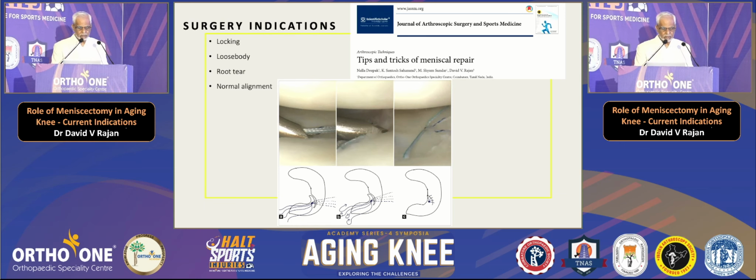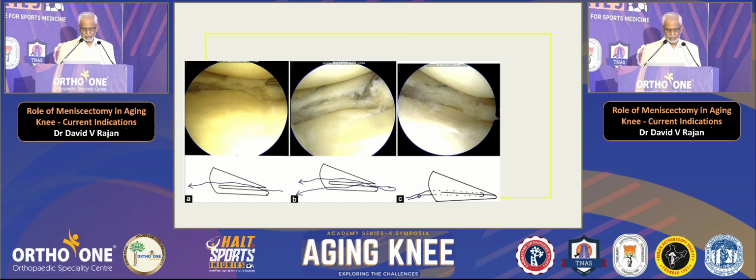In a younger patient, when the degeneration is not significant, you can repair even a flap tear and put it back, like the crown feather technique, which was devised by Santosh. Make sure there is no degeneration.